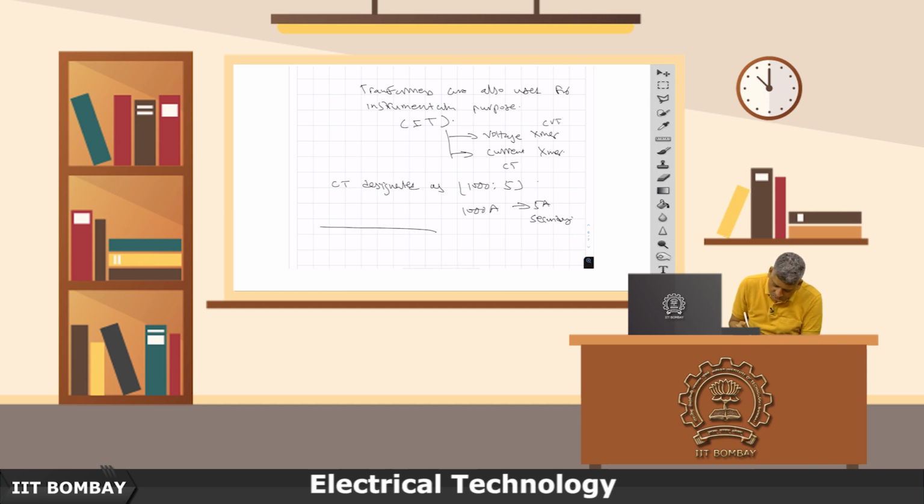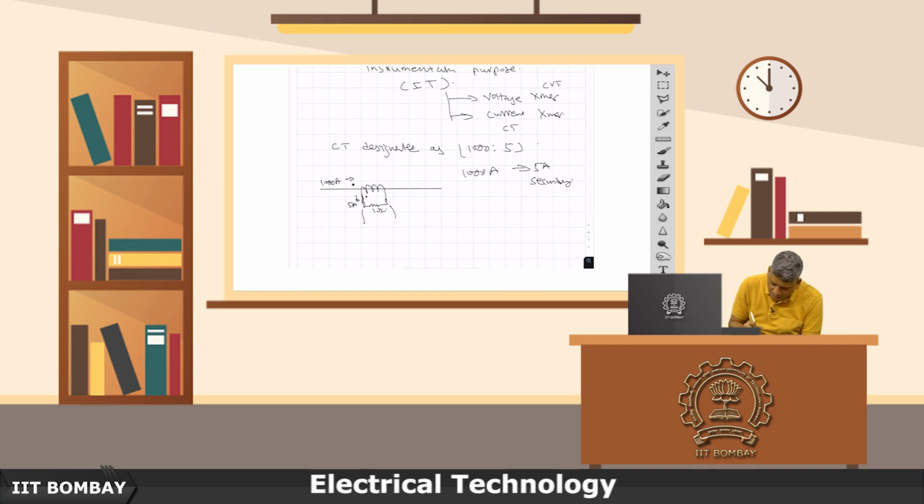So, usually it looks like this. This is my transmission line and I have a CT shown like this, and this may have a very small burden here like 1 ohm or something. So, if this is carrying 1000 amperes here, 5 amperes will come out here, and so the voltage developed is only a very small value, 5 volt, which usually you will connect to an analog to digital converter, sample it, and from here measure the voltage being proportional to current.